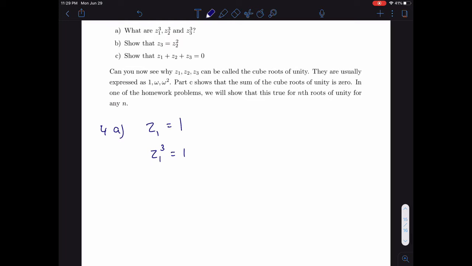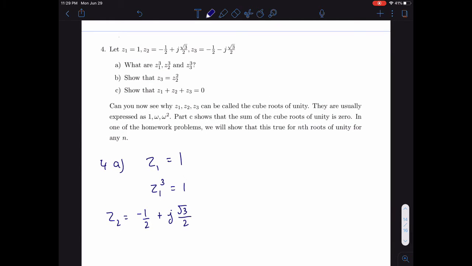And then z2 here would be minus half plus j root 3 by 2, and z3 would be minus half minus j root 3 by 2.